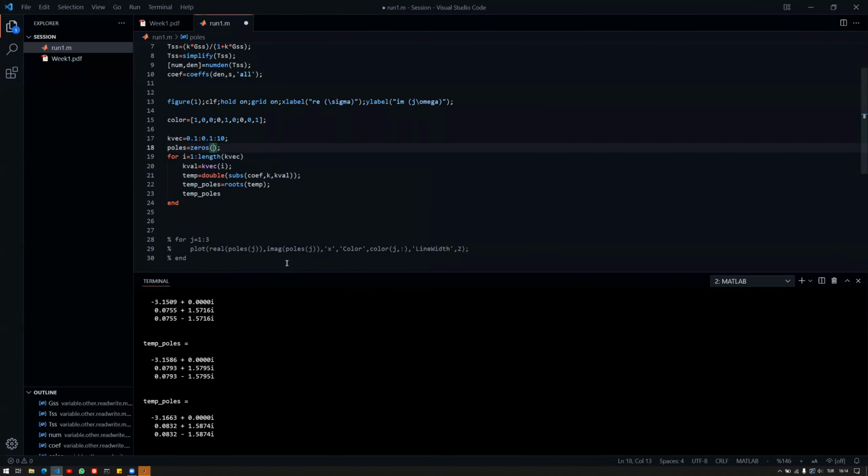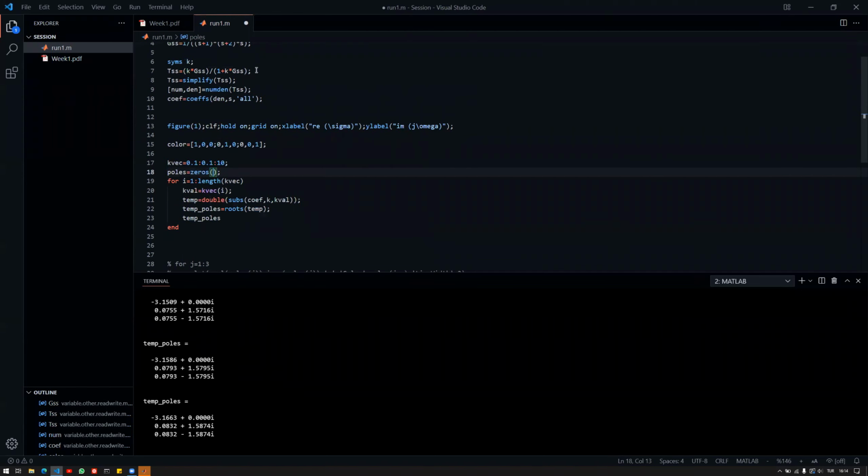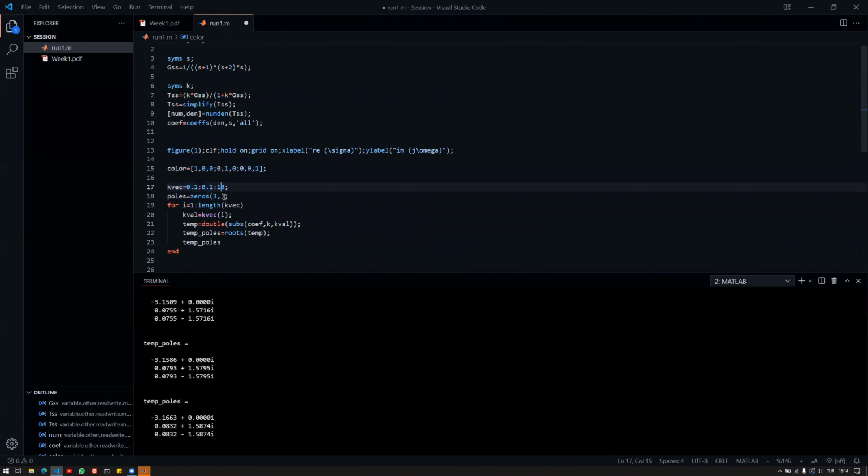Now, how many rows do I need? I need n rows because the closed loop transfer function will have n poles. So therefore, in this case, we have 3, so let's hard code it for now. And how many columns do I need? Well, each column will correspond to a k value. So the length of the k vector would give me the number of columns.